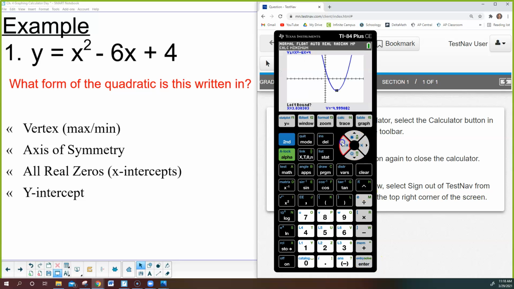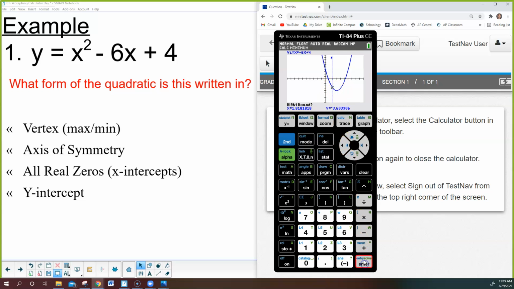Now, you may have to scroll your cursor over left or right, but here's how I do it. It says left bound. Well, we have to pick a point that is to the left of this minimum value. So if you're not sure, the best way to do it is bring your cursor to where you think the vertex is and hit the left arrow a couple of times. You can clearly see we're left of this vertex.